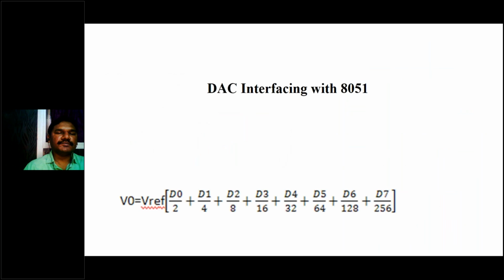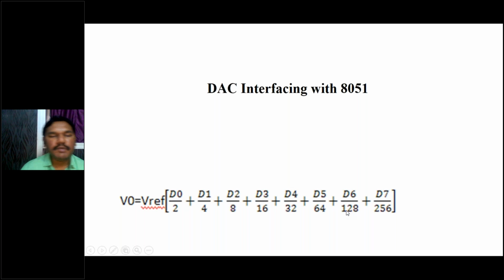Now I want to explain DAC interfacing with the 8051. Here is the equation for digital to analog conversion: V0 is equal to V reference into D0 by 2 plus D1 by 4 plus D2 by 8 plus D3 by 16 plus D4 by 32 plus D5 by 64 plus D6 by 128 plus D7 by 256.